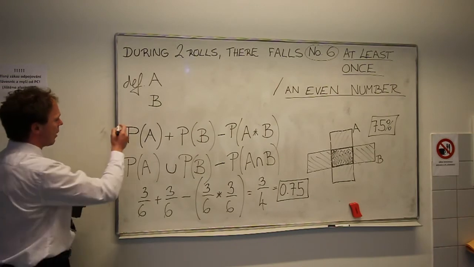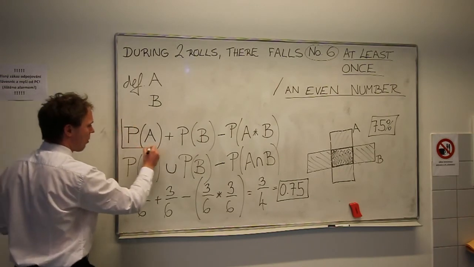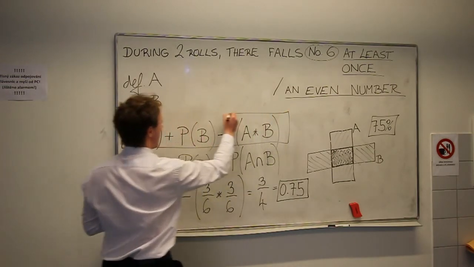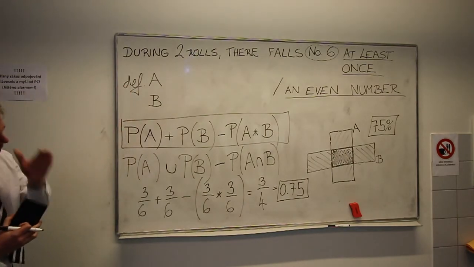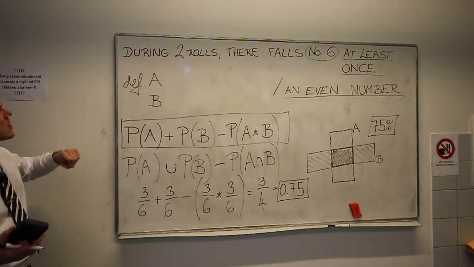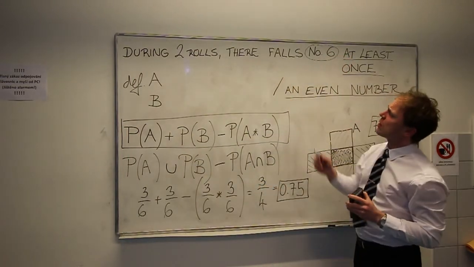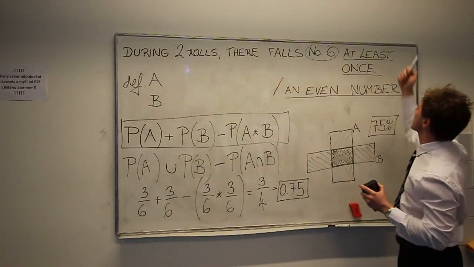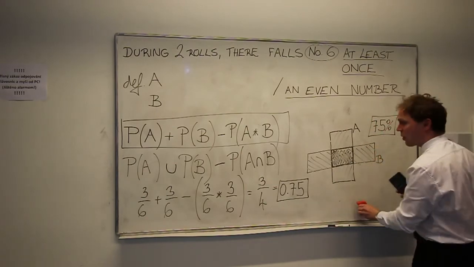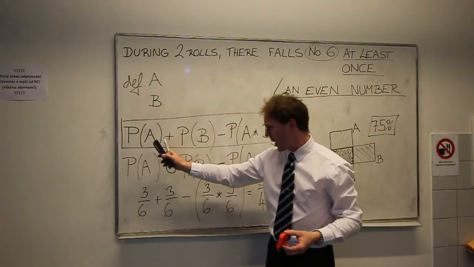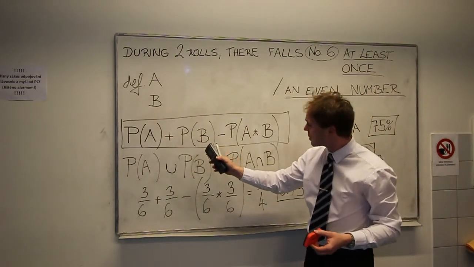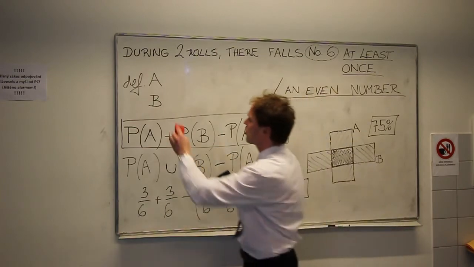And the correct calculation is according to this formula. Yes? And now we can do this with the value 6 during 2 rows. Therefore, number 6 at least once. So either in the first case or in the second case, or in both cases together.